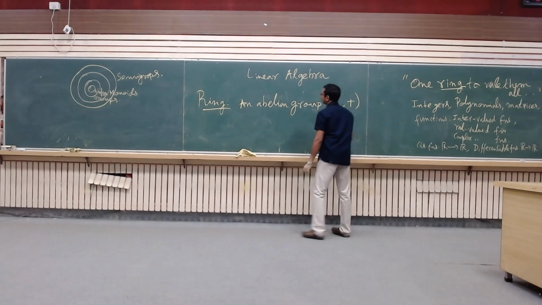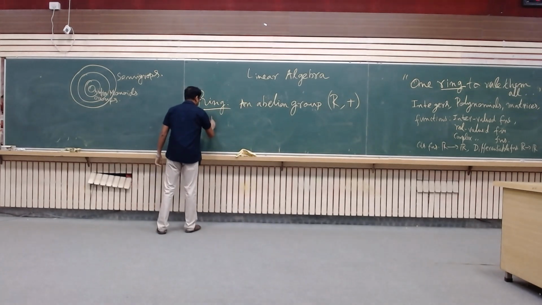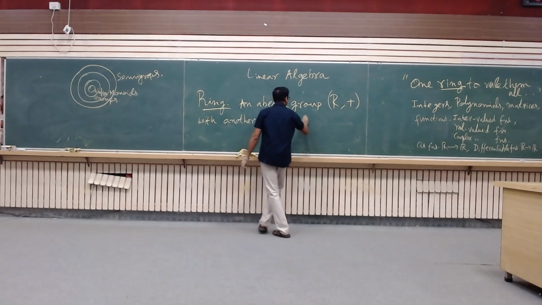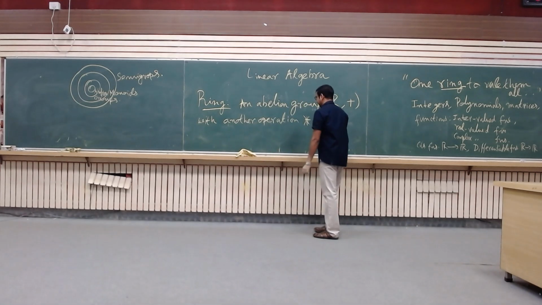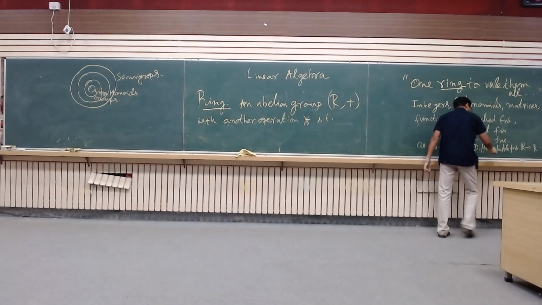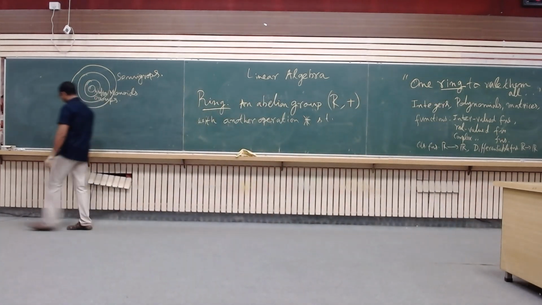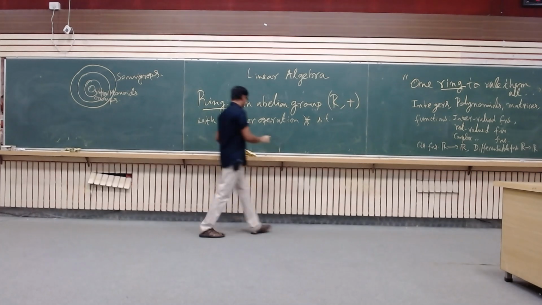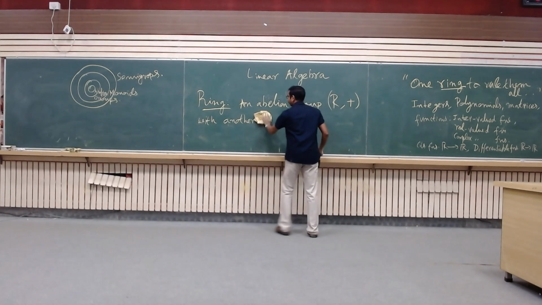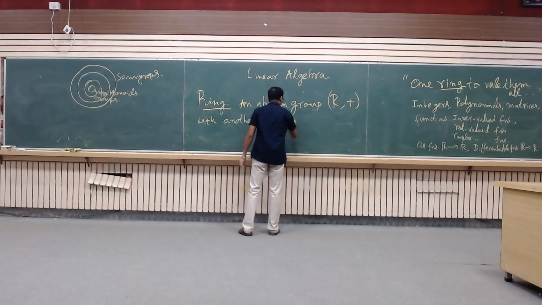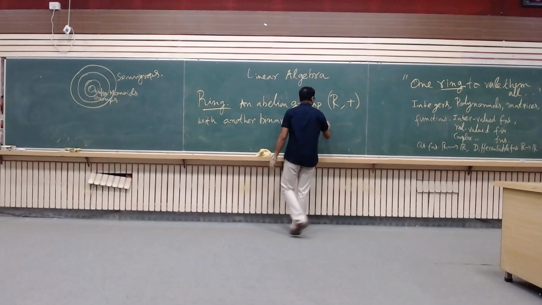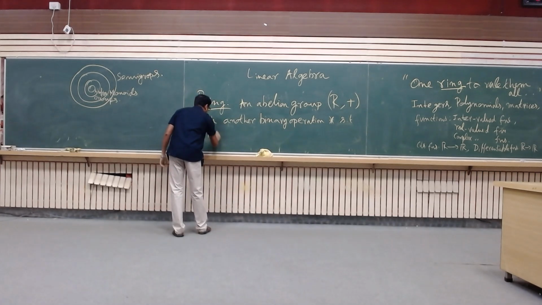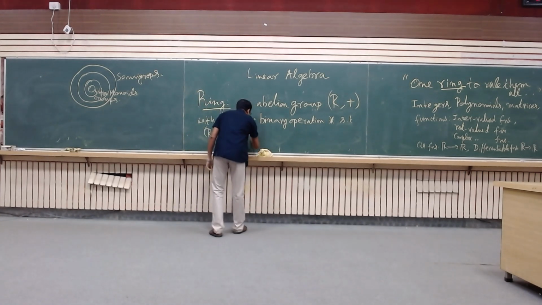R, plus, with a further operation, star, another binary operation, such that R under this binary operation is a monoid.